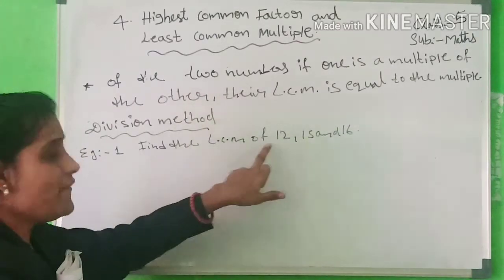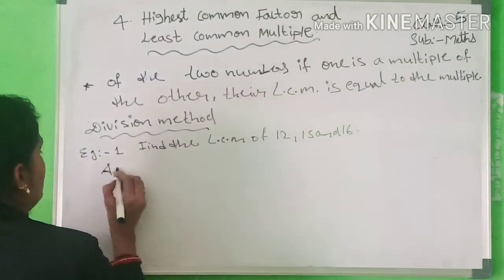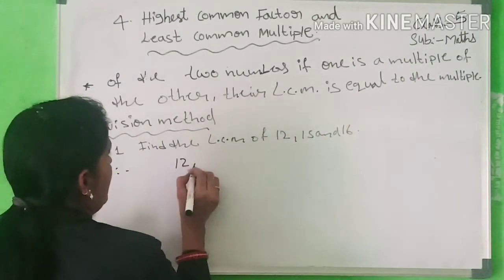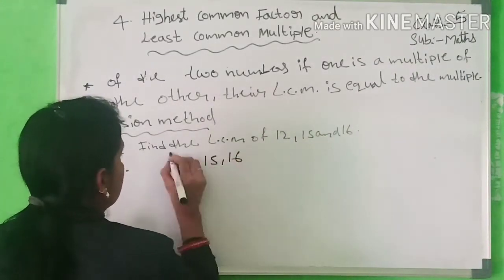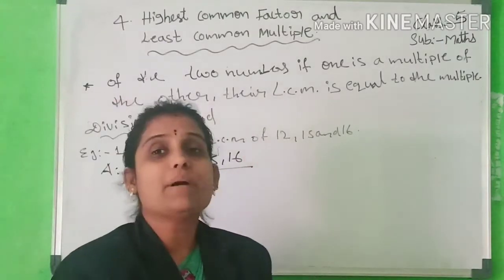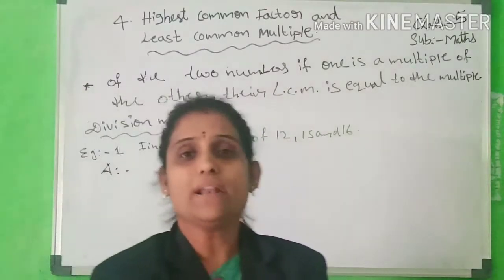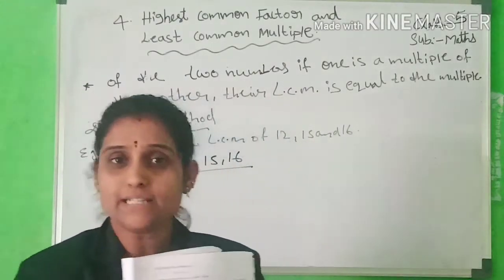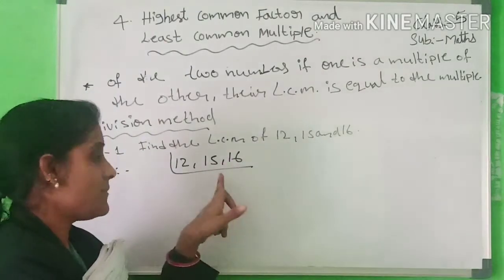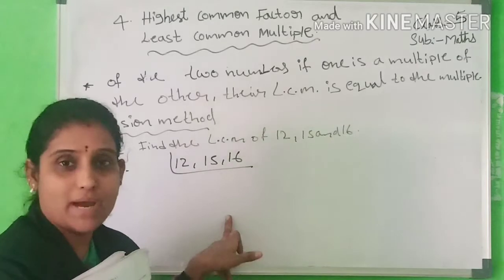Find the LCM of 12, 15 and 16. This is the division method. 12, 15 and 16 do not have any common factor all together.